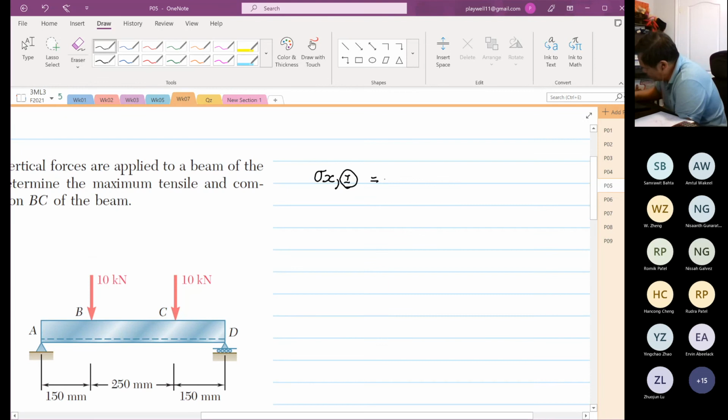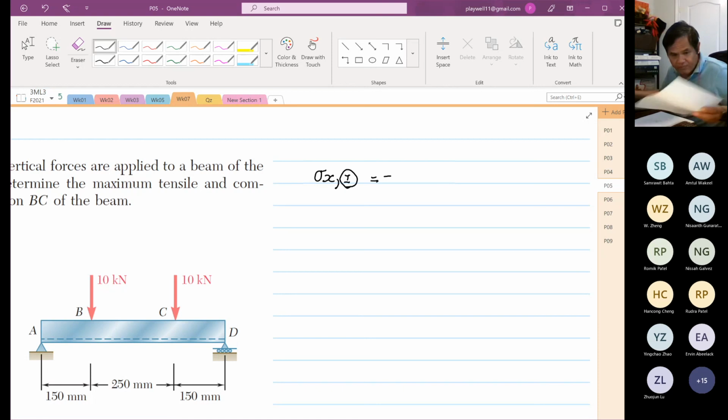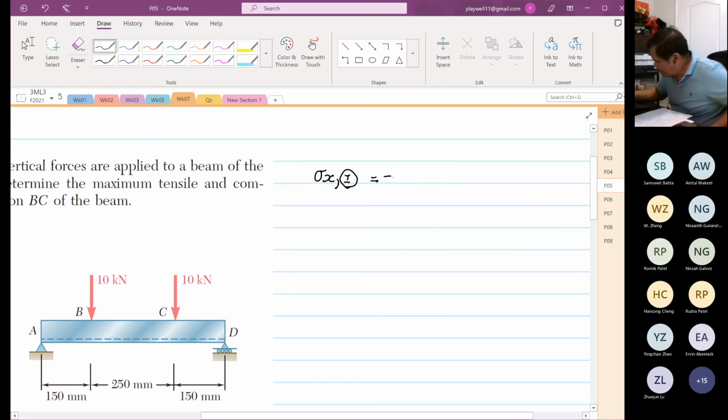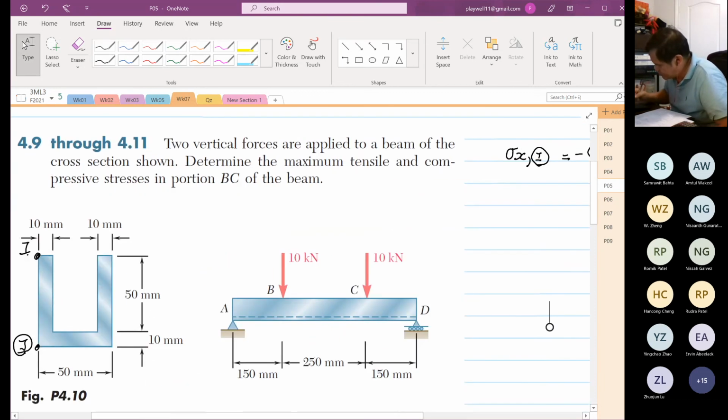So minus the moment we found. What was the moment we found? The moment that we found was 1500. The y distance: we know the centroid from the bottom is 25, right?